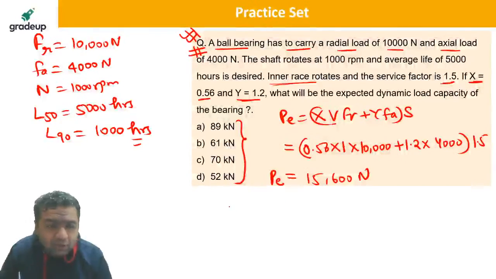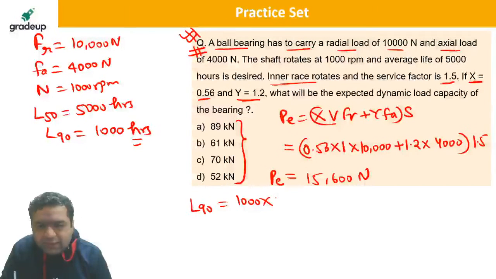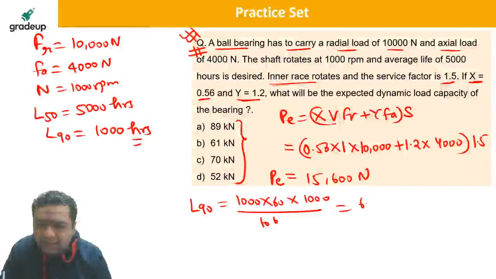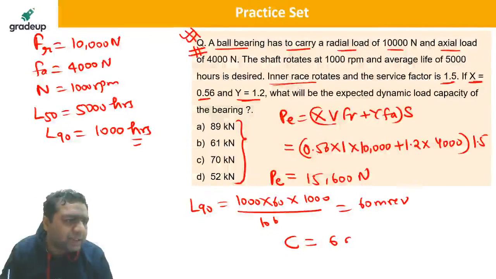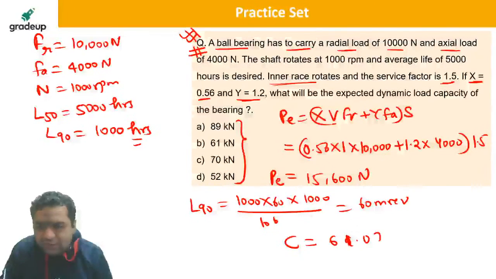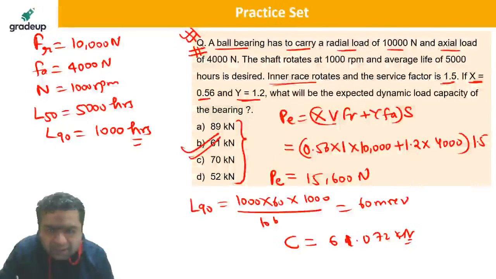At the same time, when you find the life in million revolutions, you get 1000 hours into 60 minutes into 1000 rpm divided by 10 power 6, which comes out to be 60 million revolutions. Using that, when you find the dynamic load carrying capacity, you get the answer 61.072 kilonewton. So the answer will be B. Wonderful, guys.